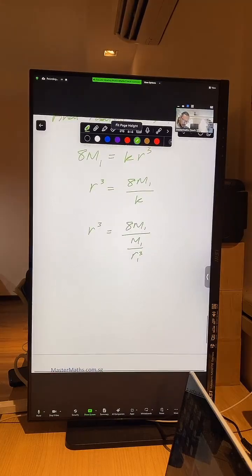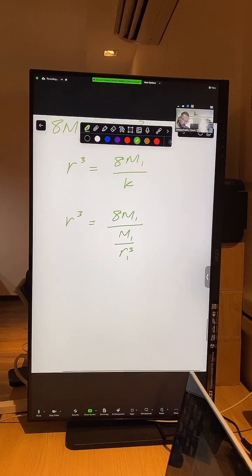Looks complicated, but never mind, let's work it out. I'm going to multiply top and bottom with R1 cube, so that I get rid of that fraction in the denominator.